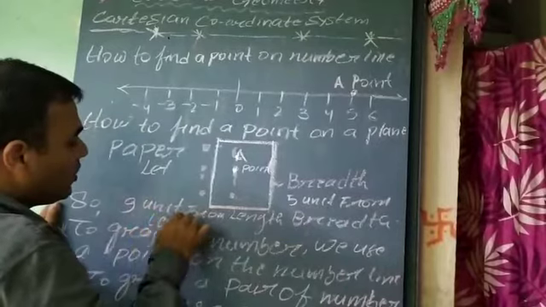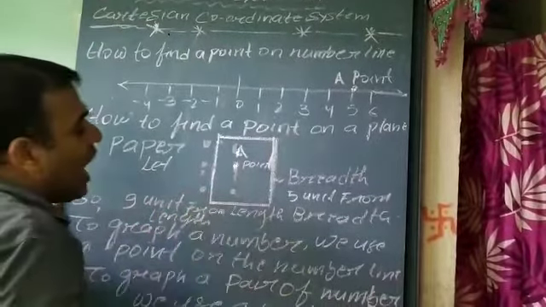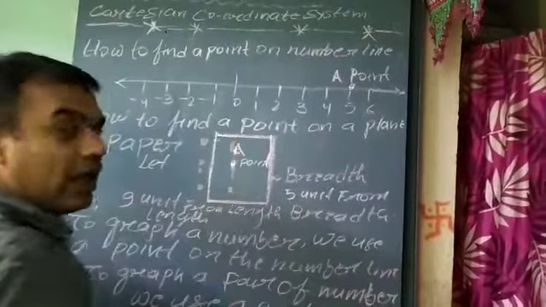So it is 5 units from the breadth side and 9 units from the length side.